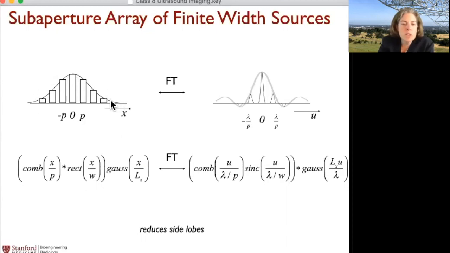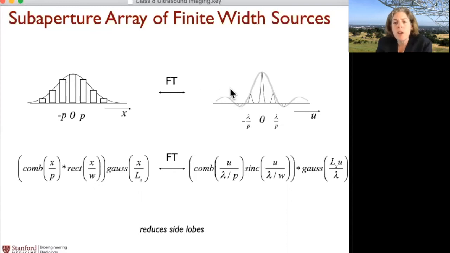Well, here what we've done is apply a Gaussian weighting function. So there's still a rectangle, but you can reduce the amplitude of what you send out on the edges so that the power sent out from each of them is reduced, and you have basically a Gaussian envelope function here.